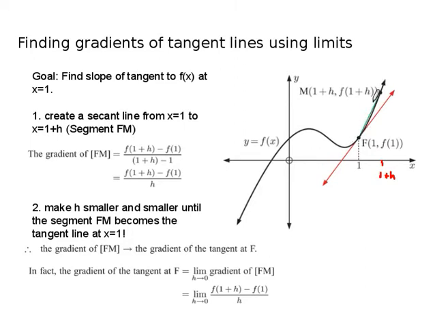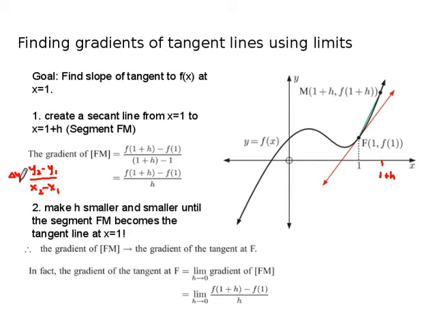Now I have 2 points, so I can find the slope of the line formed between these 2 points. How do I find the slope between 2 points? If you think back, it's y2 minus y1 over x2 minus x1.